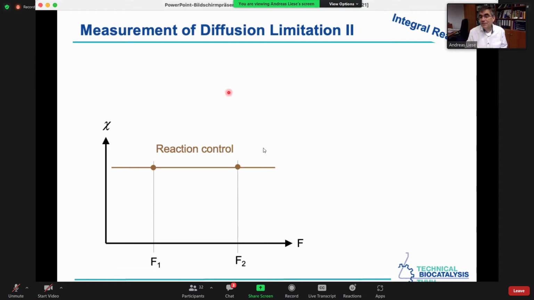But if we are unlucky, and that's what we like to find out, we have a diffusion limitation. Then the picture looks like this, meaning at low flux we have lower conversion than at high flux.